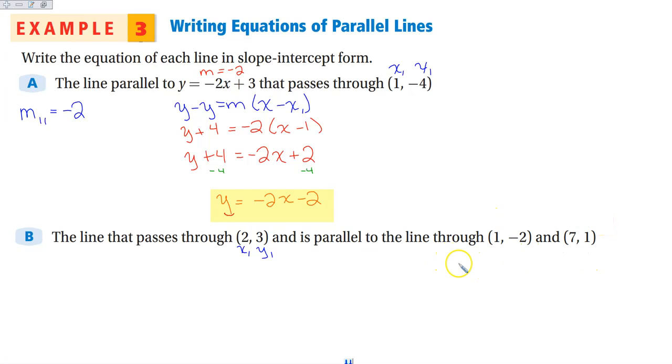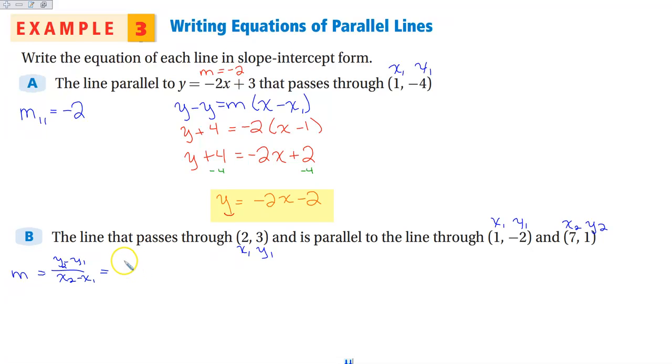So what I need from here is the slope. So the slope of my original line, we're going to label x1, y1, x2, y2. So I'm going to find the slope of my original line, which is going to be y2 minus y1, over x2 minus x1.